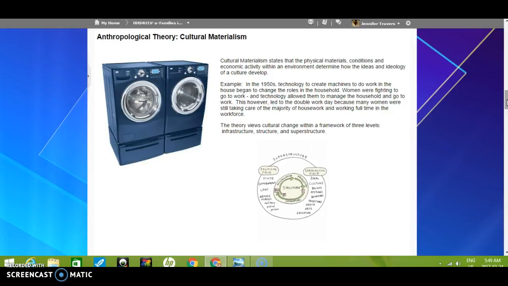It's like a layer, and all of these things are influencing one another in order to create products or to create a system that influences members of that society. It states that physical materials, conditions, and economic activity within an environment determine how the ideas and ideology of a culture develops.